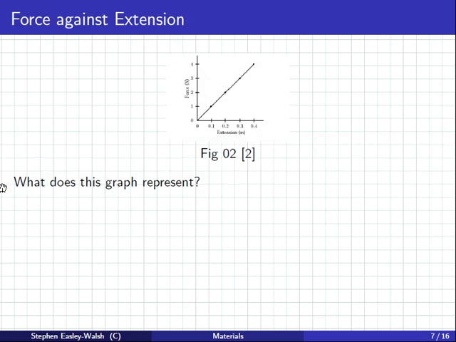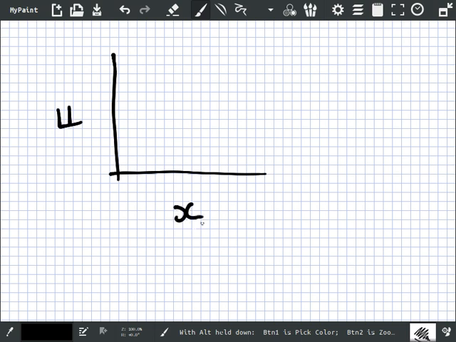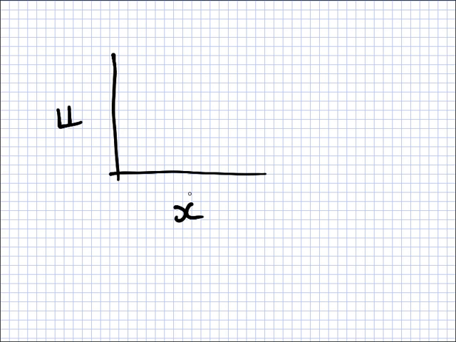Now, we want to have a look at a graph of force against extension. So there's force, there's the extension. Imagine you have the spring. If you don't extend the spring, how much force is there? No force. You extend the spring a little bit, what happens to the force? Increases.